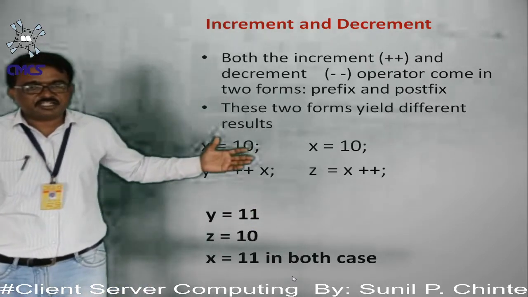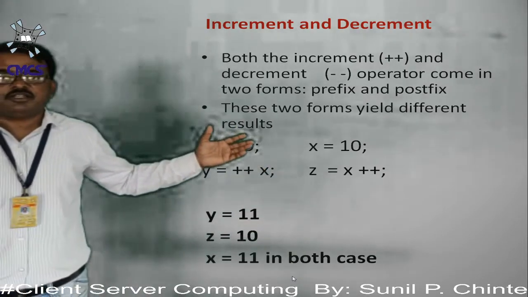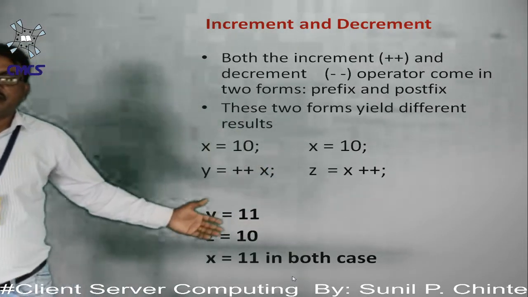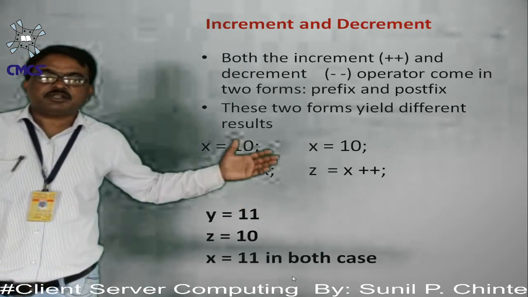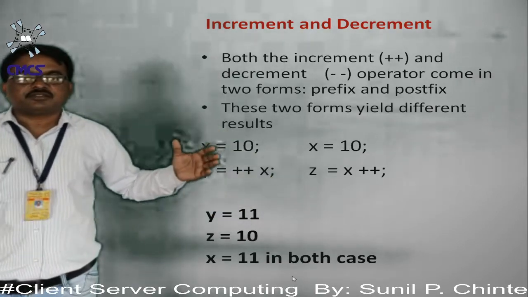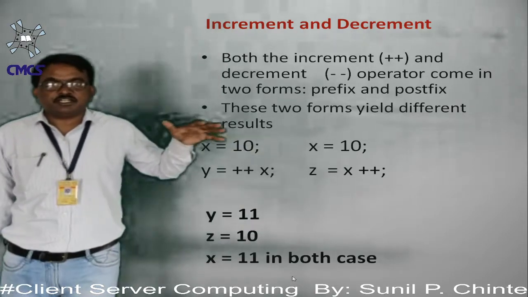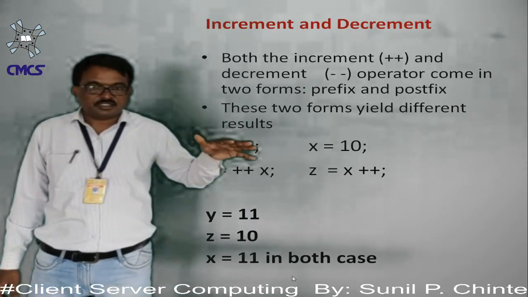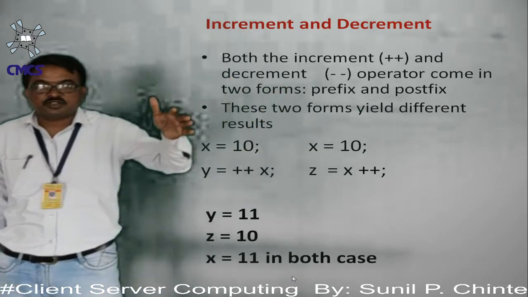Here we are taking two examples, that is x with the value 10. Here we are using plus plus x. It means we are using the prefix plus operator, meaning the value of that variable will be increased by 1 and then it will be assigned to the variable.